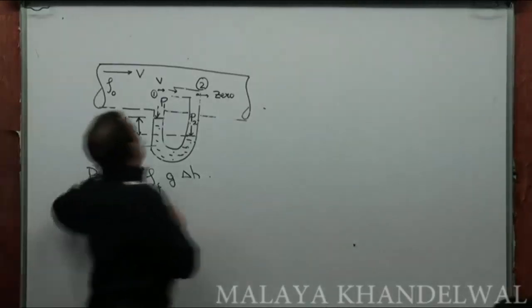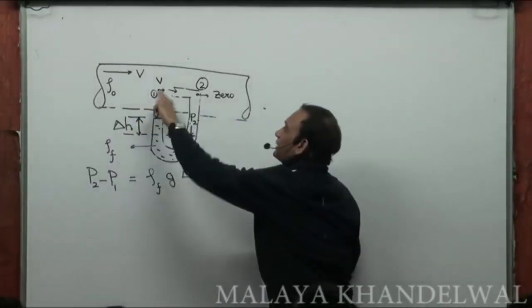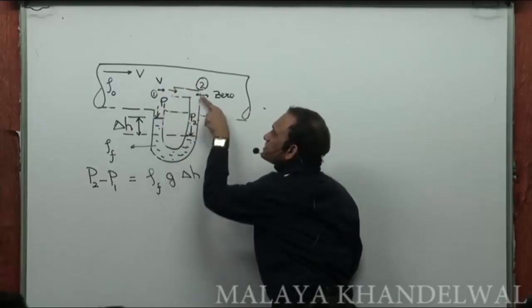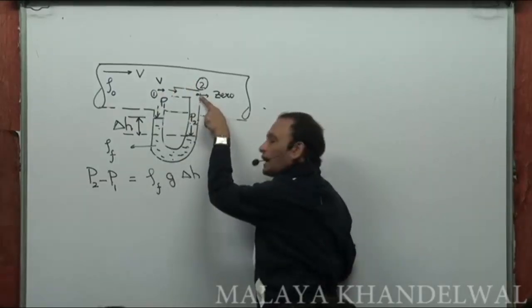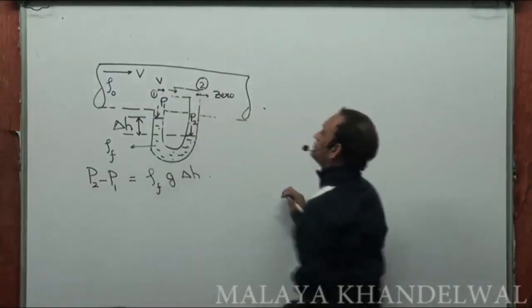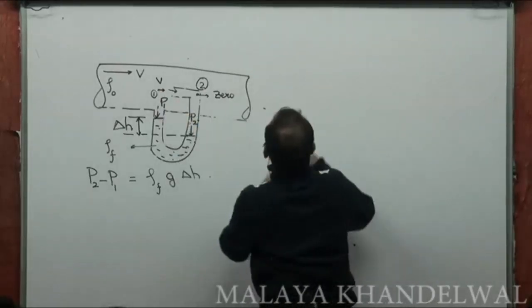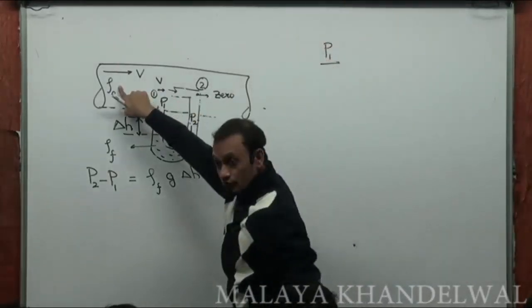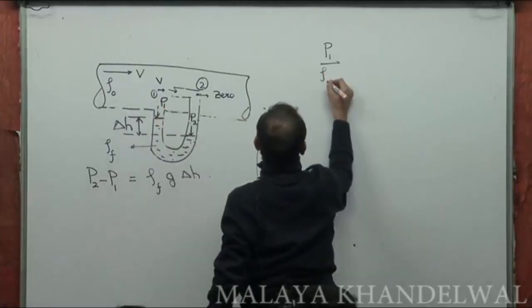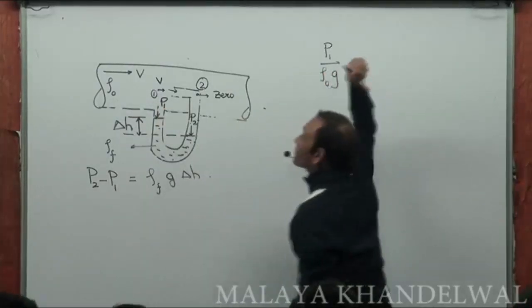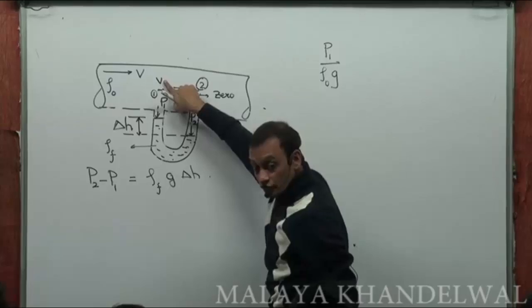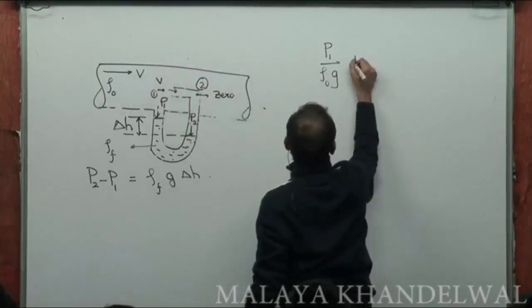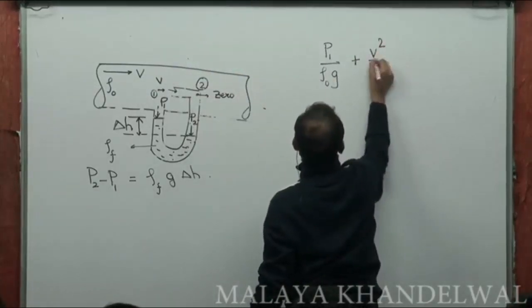Now, between 1 and 2, outside this extension and this point where it hits, I can apply Bernoulli's theorem, right? So at 1, what's the pressure? P1 by rho naught g, plus v is the velocity of the fluid in this pipe, v squared by 2g.